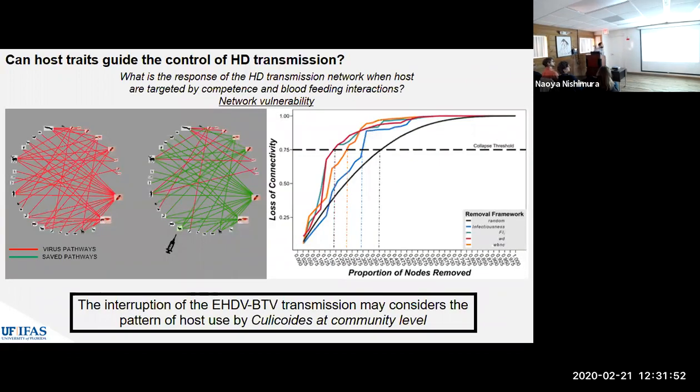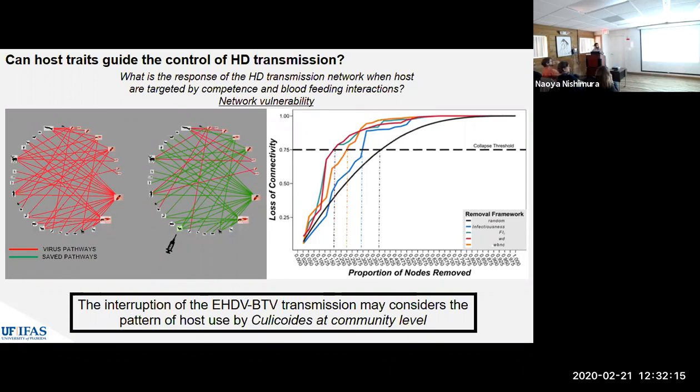The first thing that we have been doing is trying to understand how different traits of the host, related to host competence or to how they are exploited by Culicoides as a blood meal, can be used to redirect management operations to reduce or prevent hemorrhagic disease.